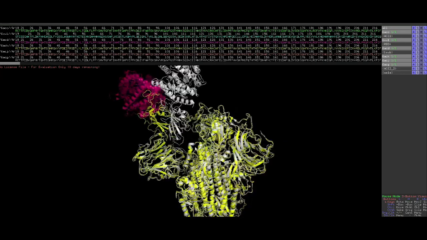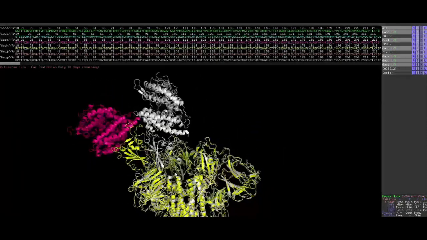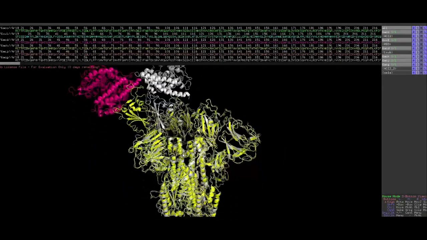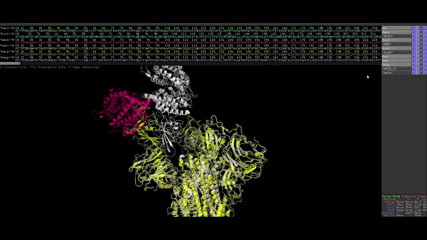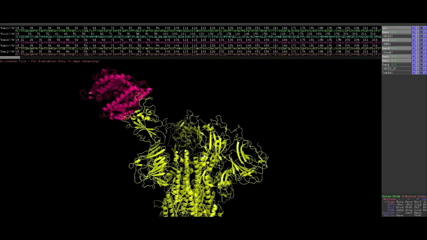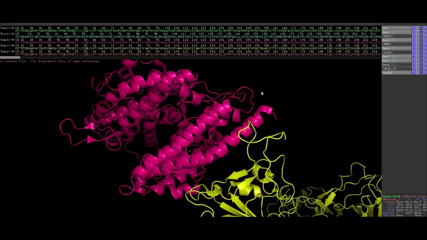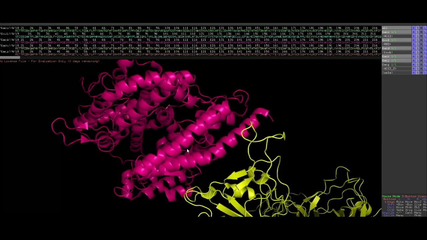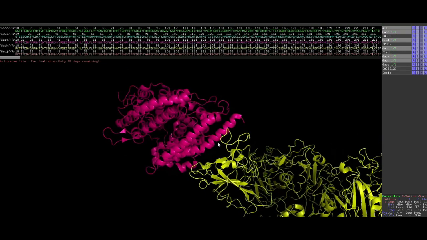Actually, this is another thing I wanted to show. This is the SARS-CoV spike protein from back in 2002. You can see it's a very similar shape. And so this is the SARS-CoV-1 spike protein. And this up here in magenta is the ACE2 receptor, or at least part of it right here.